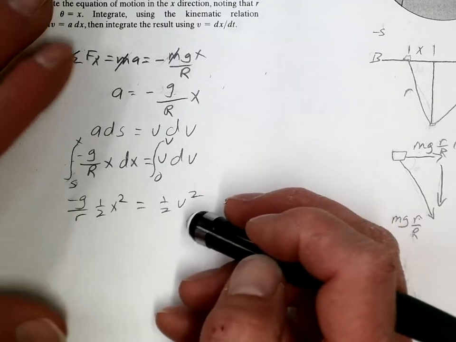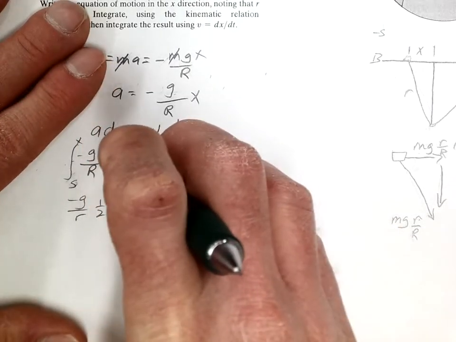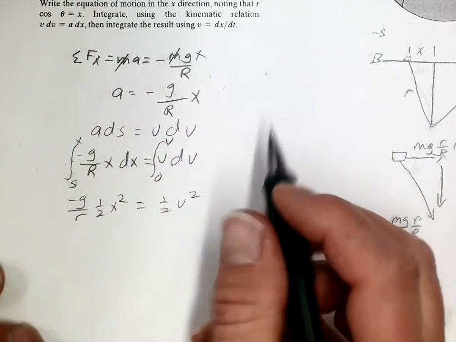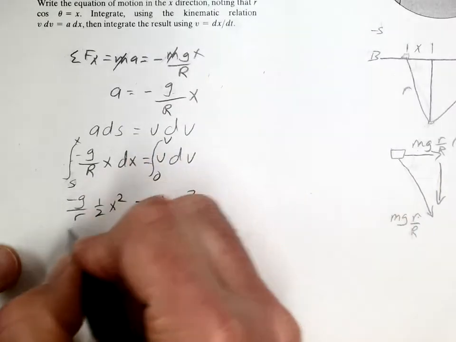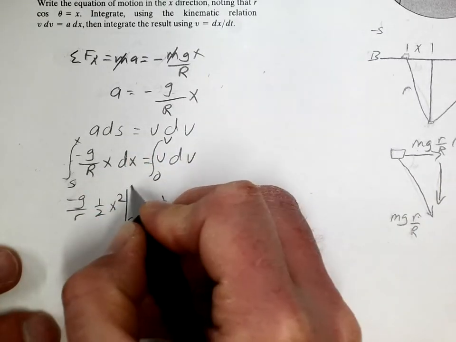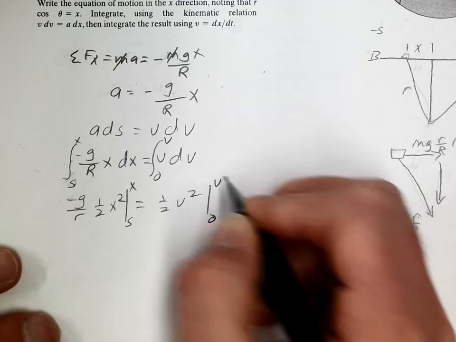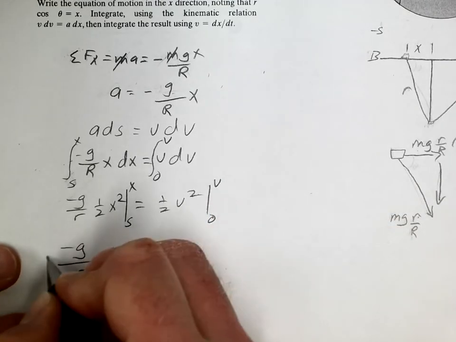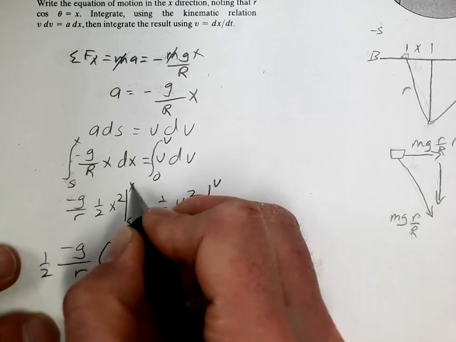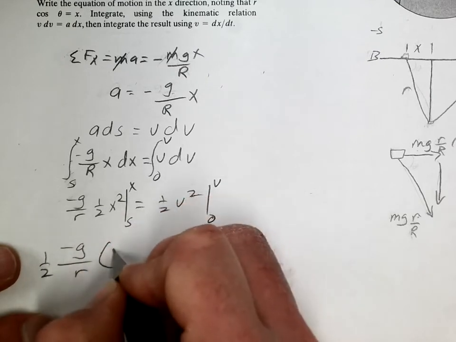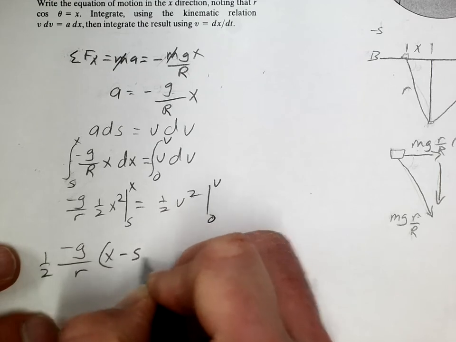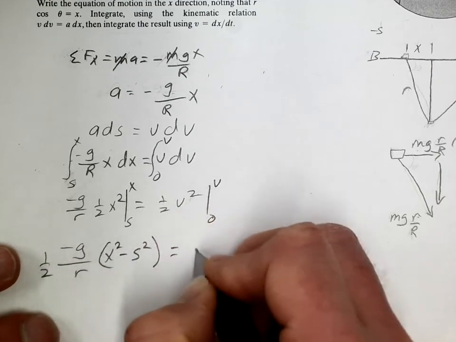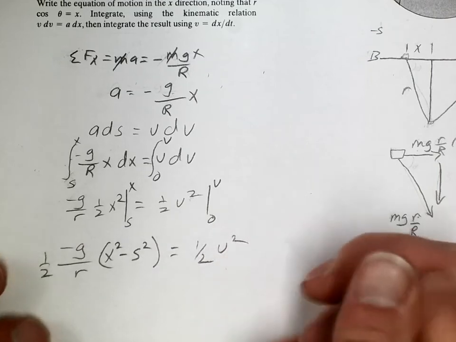So if I do that, let's rearrange. Oh no, I can put it in there. So from s to x, from 0 to v, negative g over R, 1/2 from x to s equals 1/2 v squared.